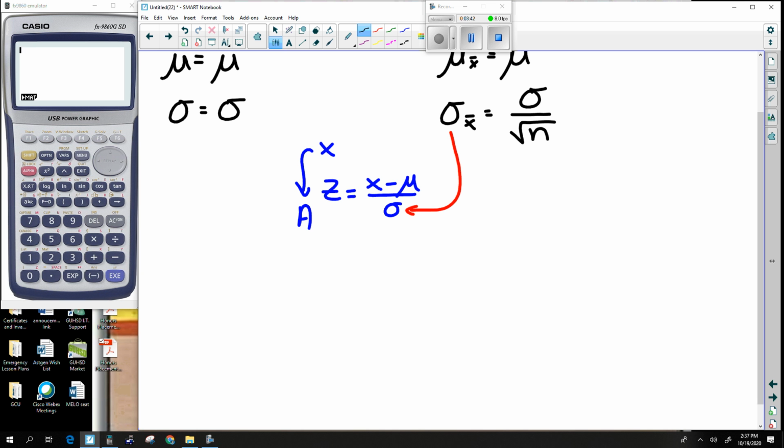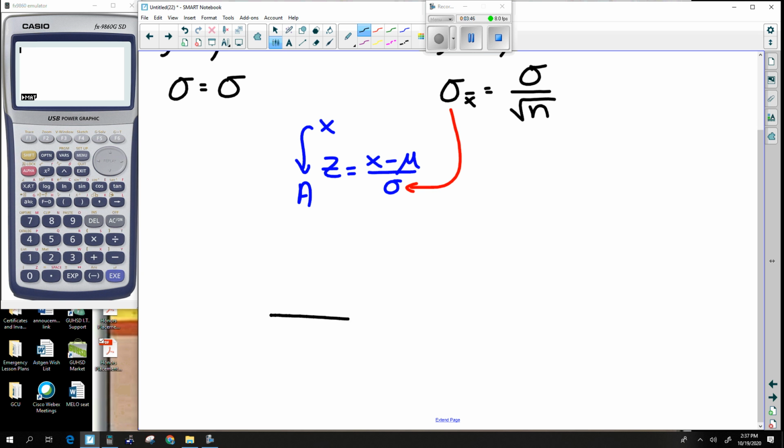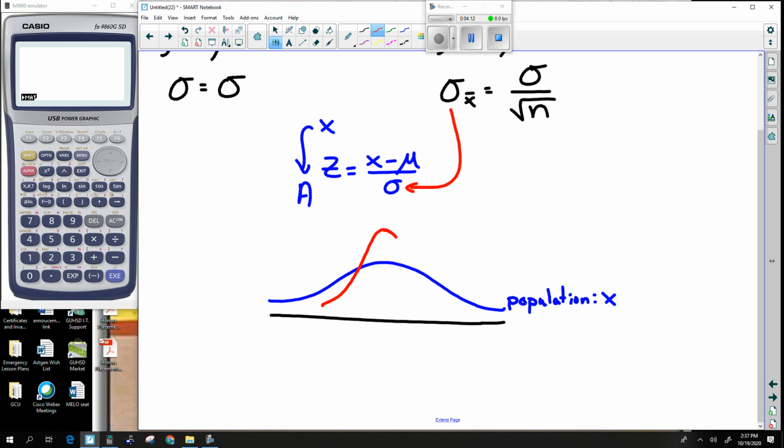I'm going to draw 2 pictures here real quick, and this is what you can expect. Of a population, aka x's, your distribution will look something like this. And then when I create a sample, this is what happens.